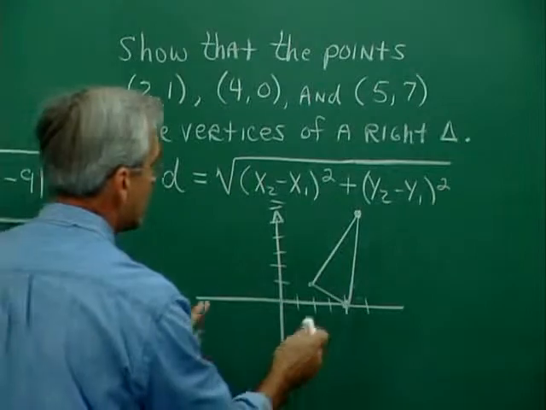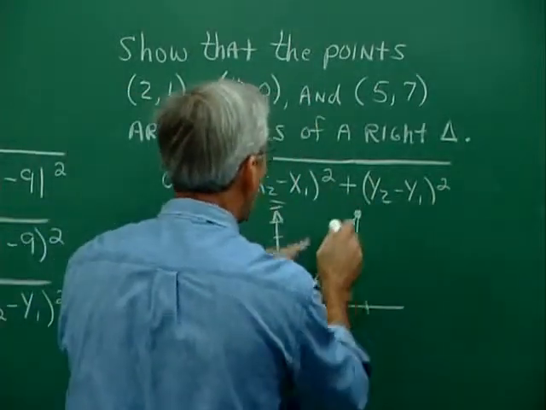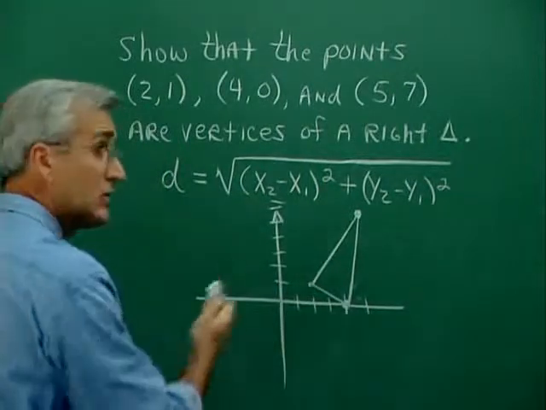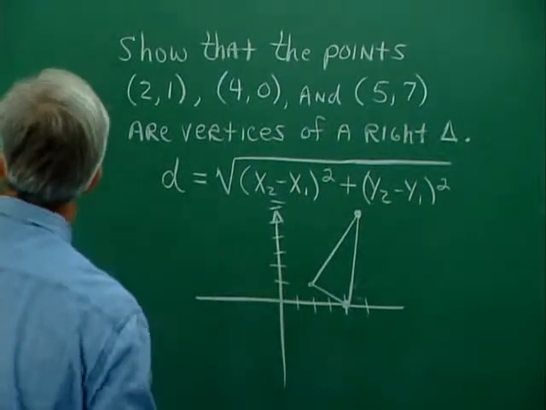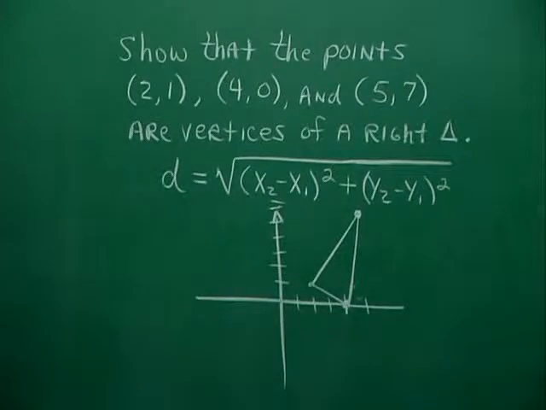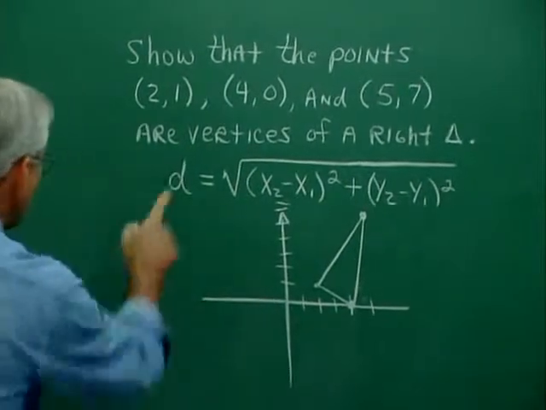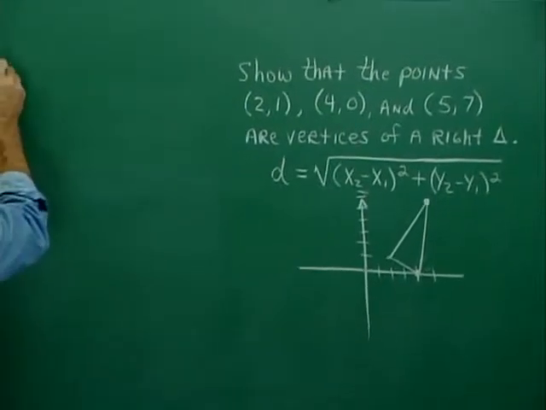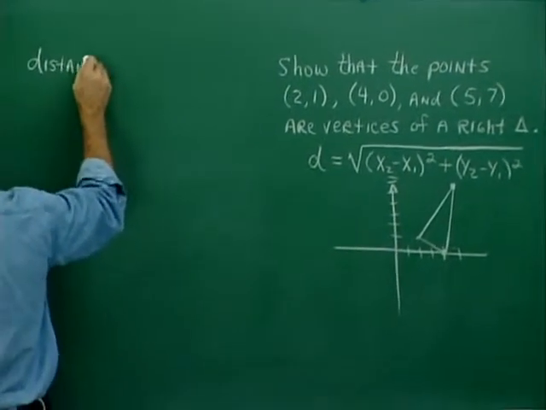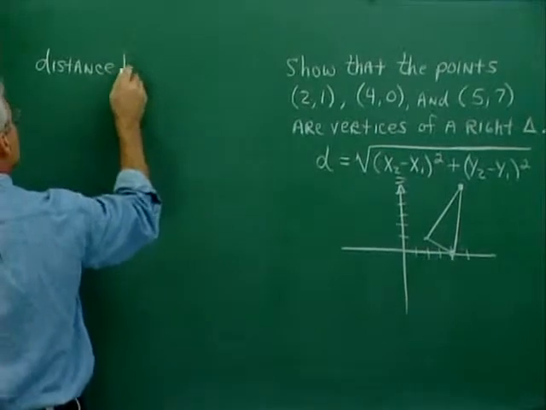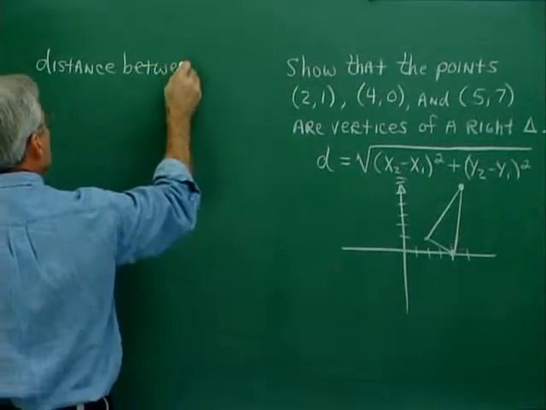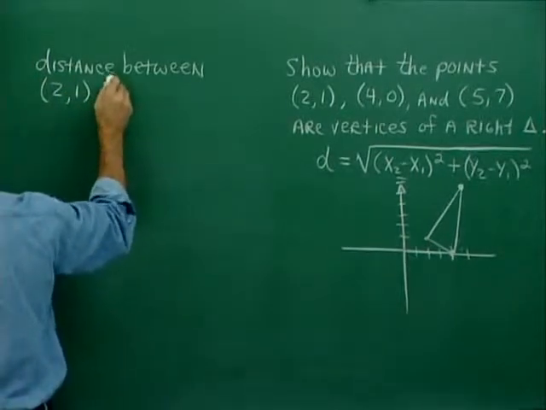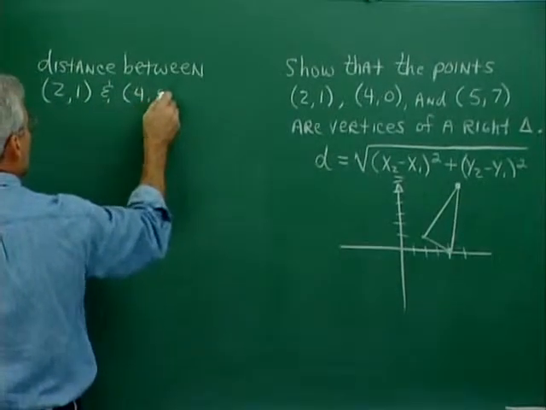But that's the idea, that we want the distance between the points in order to determine whether or not we have this special relationship between the sides of a right triangle. So we come out to the side, and we're using that formula, and I want the distance between (2, 1) and (4, 0).